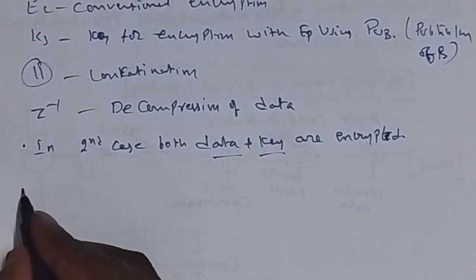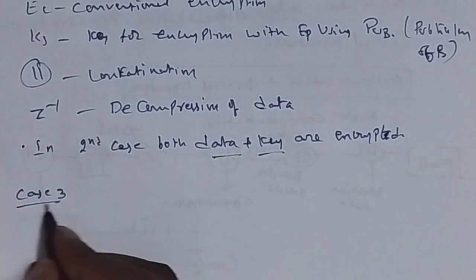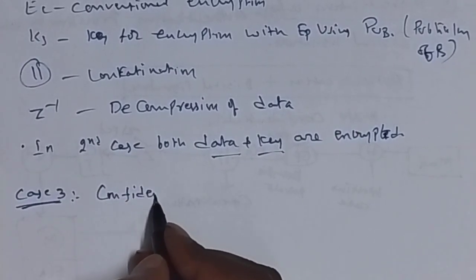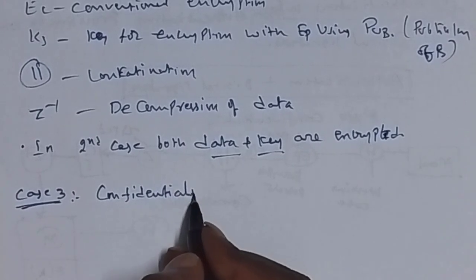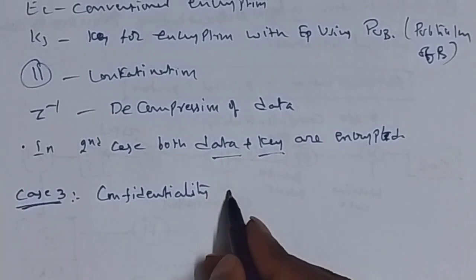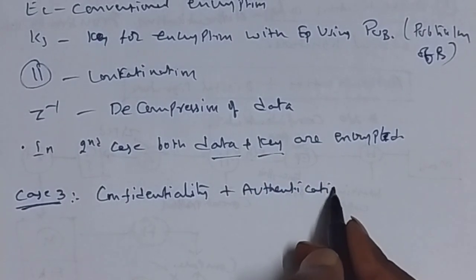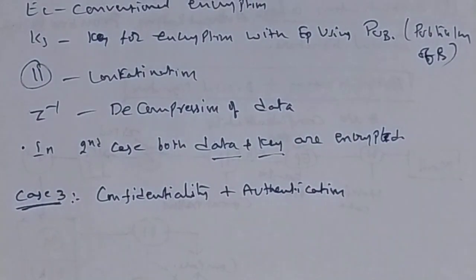Case 3 is confidentiality plus authentication. What do confidentiality and authentication mean? To increase the trust of any service, we should provide both confidentiality and authentication.